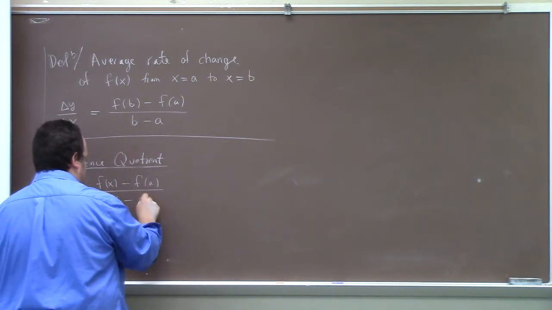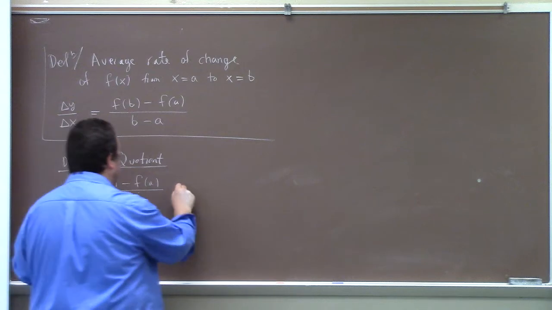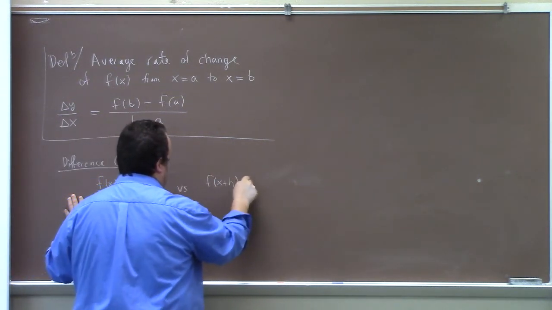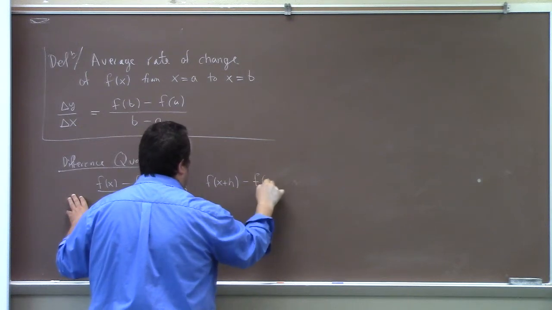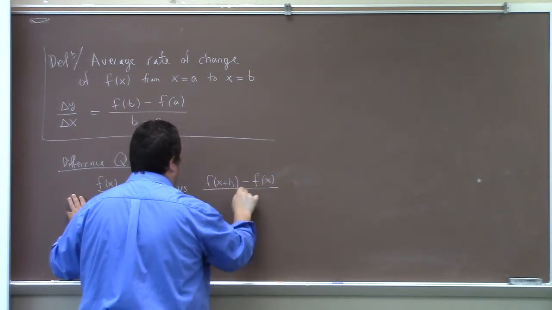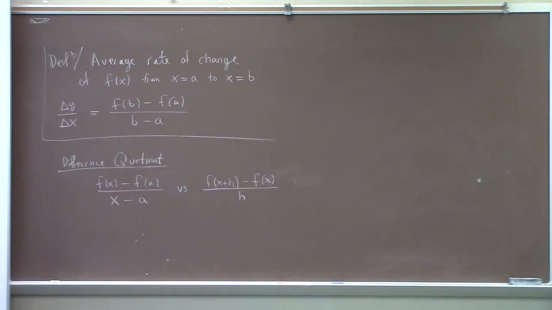Like this is an alternative. Did I show this to you guys? I can't remember. I don't think I did. So there's two different ways to look at the difference quotient. One is like this, and the other is this. Now, if I ever ask you for the difference quotient for some function, I should tell you which one I mean. These are conceptually the same thing, but in terms of a formula, they look quite different, right?